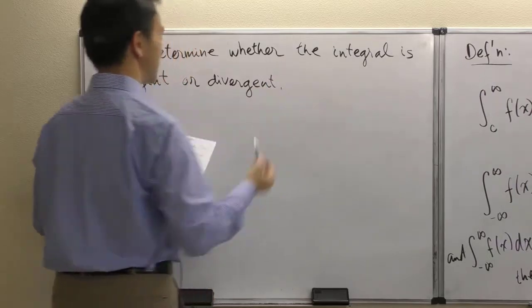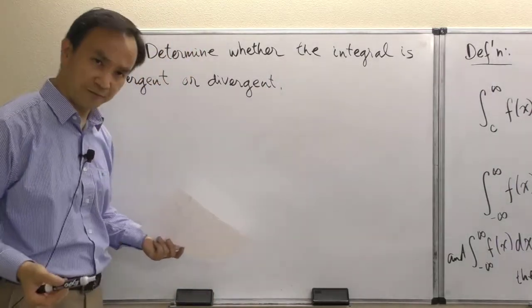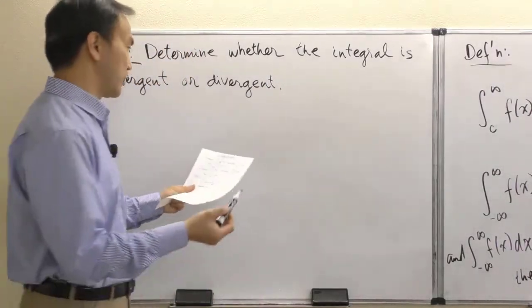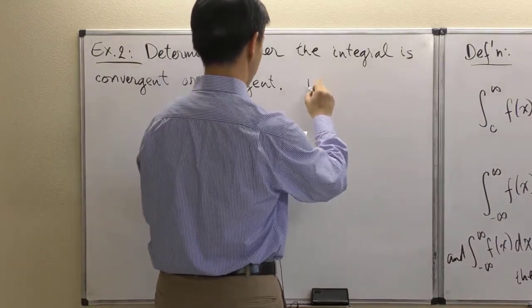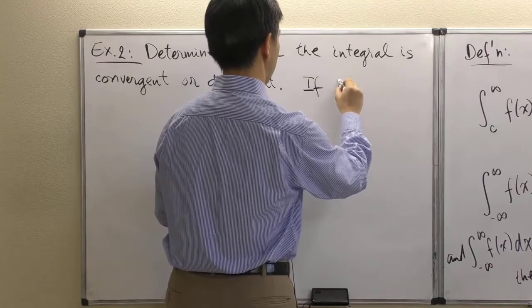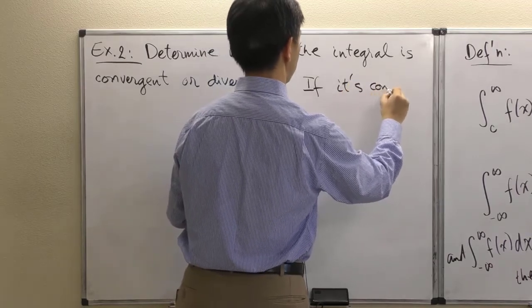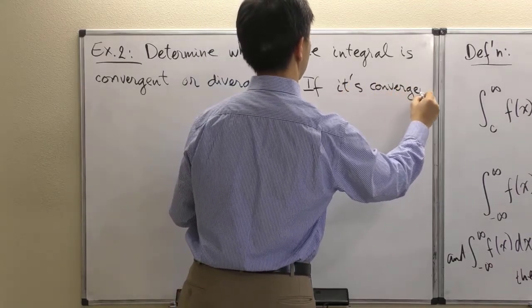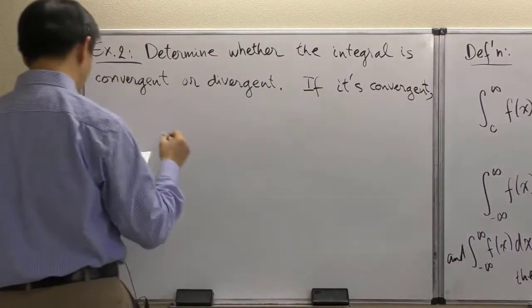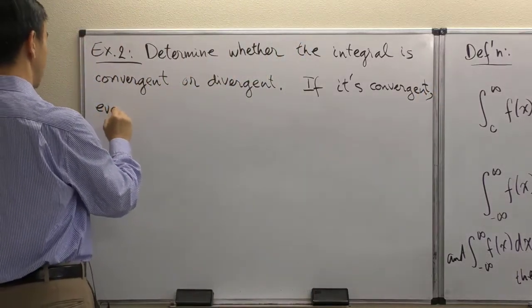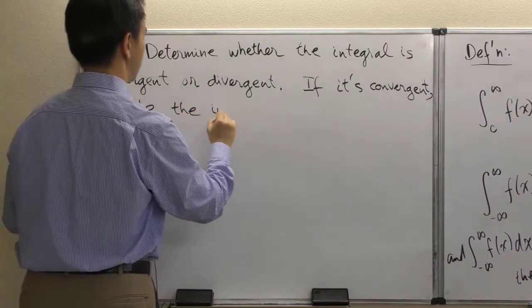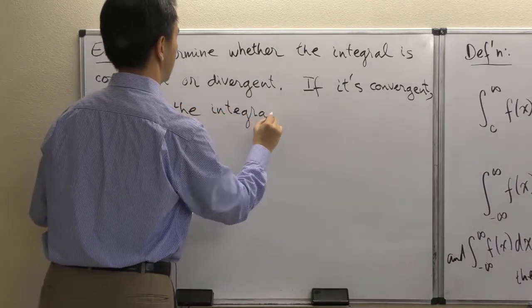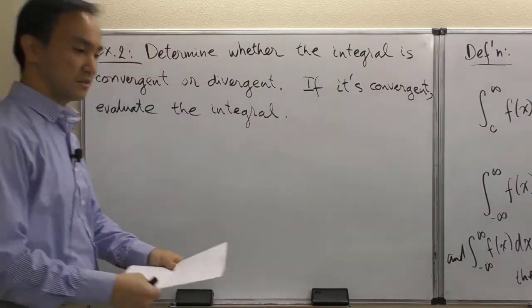So that's the first part, we want to decide that first anytime we're given an integral. And then, if it's convergent, then we're gonna evaluate the integral. All right, so that's the main.